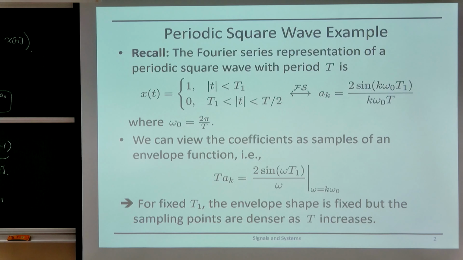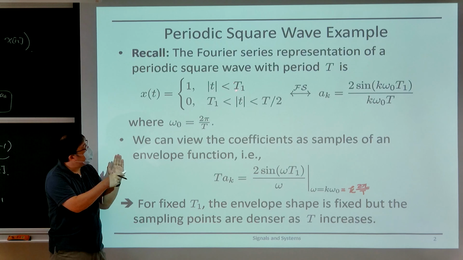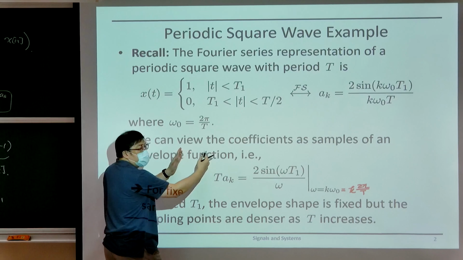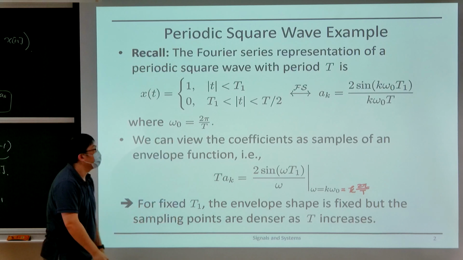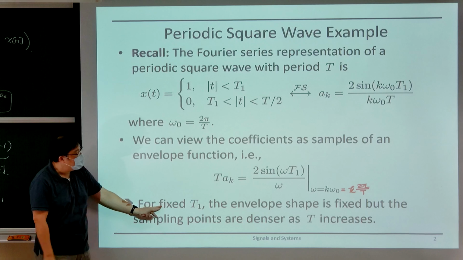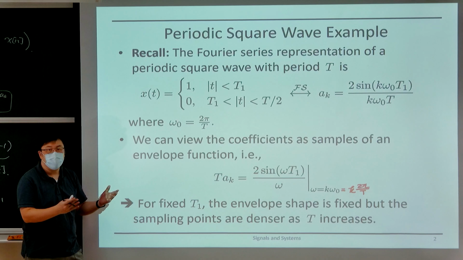And omega naught here is 2 pi over capital T, so you can also view this as k times 2 pi over capital T. Now here, x of t is a square wave going from minus t1 to t1, and it is repeated every capital T. As long as you fix t1, this envelope function does not change.